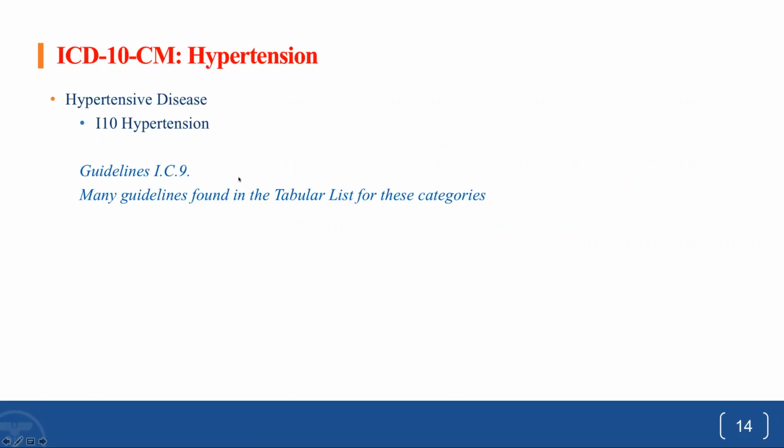Okay. A common ICD-10 code is going to be I10 for hypertension. And remember that there are guidelines for hypertension, if it's combined with something else.